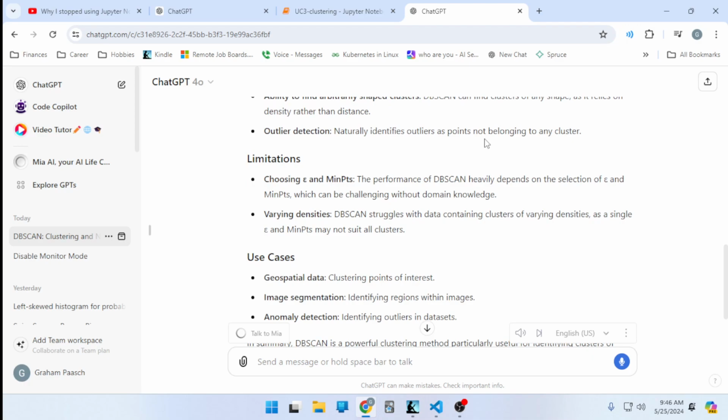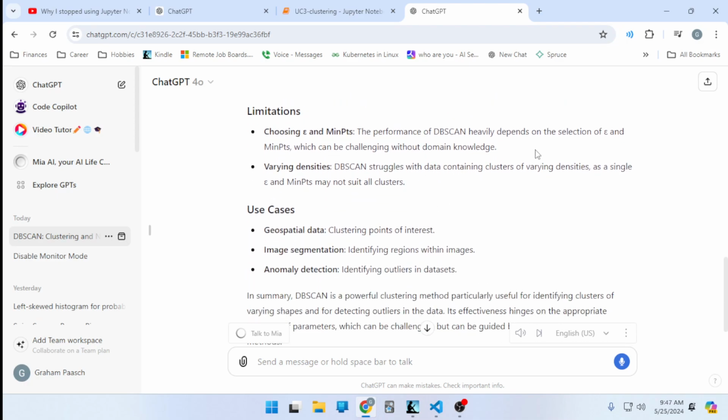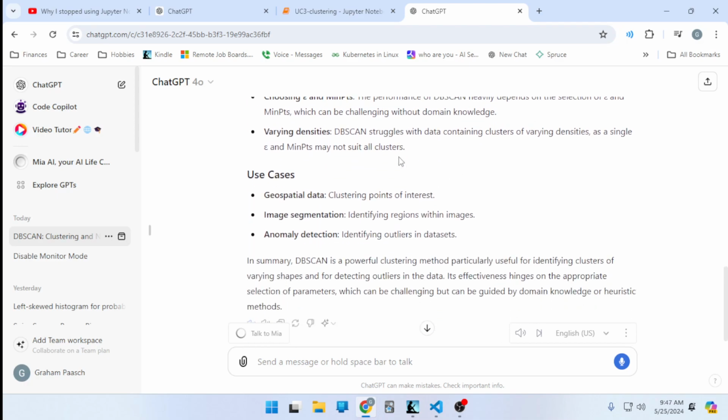Advantages: no need to specify the number of clusters. Unlike k-means, dbScan does not require the number of clusters to be specified in advance. Ability to find arbitrarily shaped clusters. dbScan can find clusters of any shape, as it relies on density rather than distance. Outlier detection: naturally identifies outliers as points not belonging to any cluster. Limitations: choosing epsilon and min-pts. The performance of dbScan heavily depends on the selection of epsilon and min-pts, which can be challenging without domain knowledge.